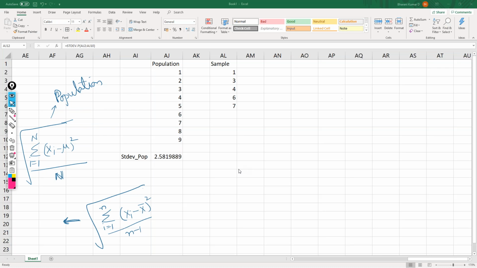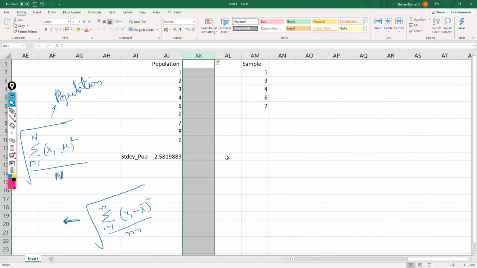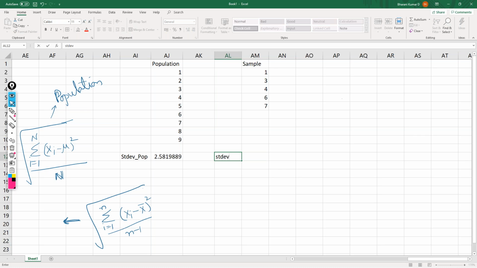Okay. So here we have population standard deviation. Now for sample, if I apply the population formula for sample, let's see what happens. It's 2.13.